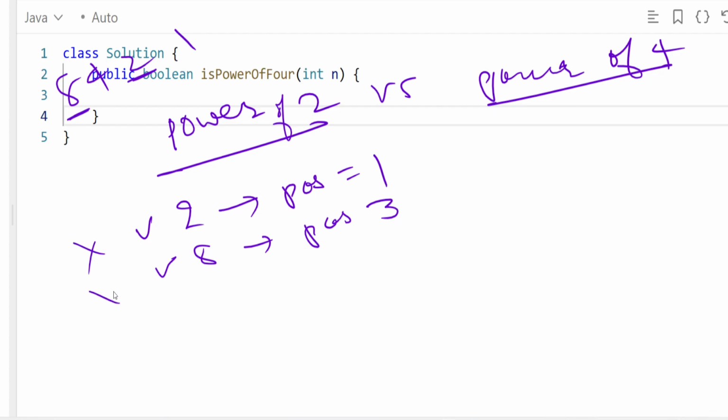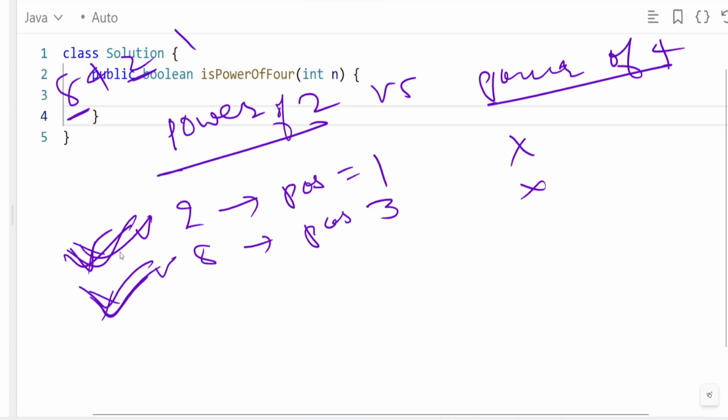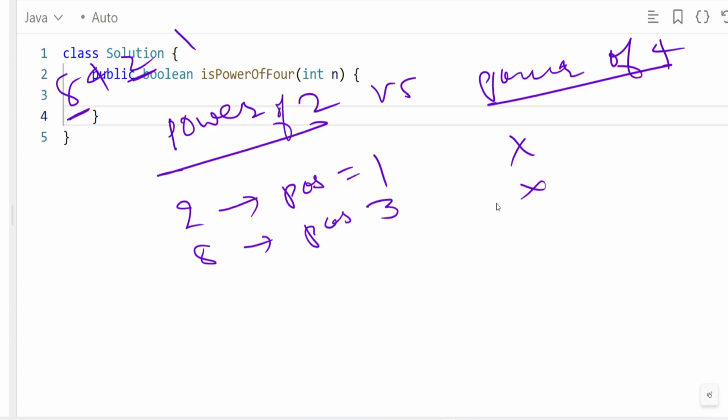These are not powers of 4. We say that these are powers of 2, not powers of 4. Similarly, if you understand the power of 4, there is only one bit set at an even position, as we have seen. 1 was at position 0.